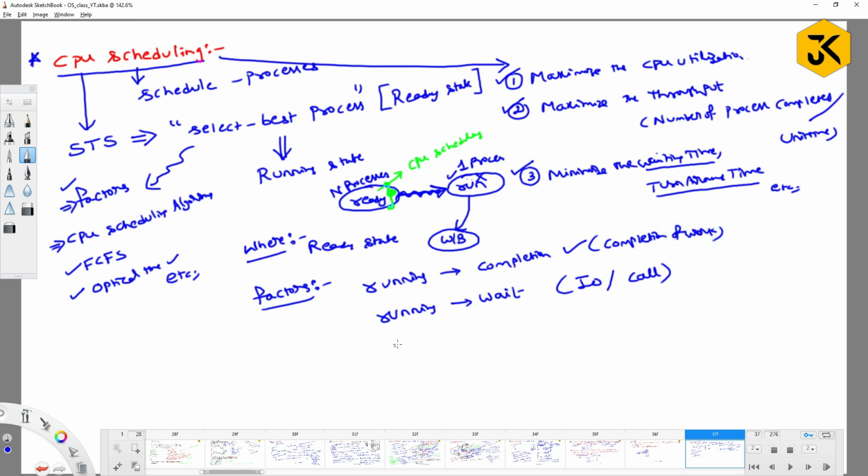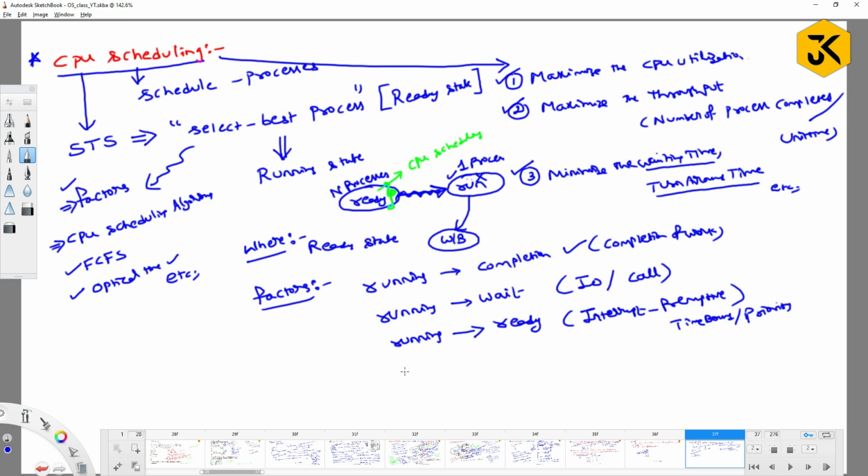And there might be some situations where a process moves from running to ready state. Is this possible? Yes, when an interrupt might happen. Interrupt means something like a preemptive algorithm may work, which means if a time bound happens or some preemptive process may come, in that situation you have to apply the CPU scheduling algorithm again, right?